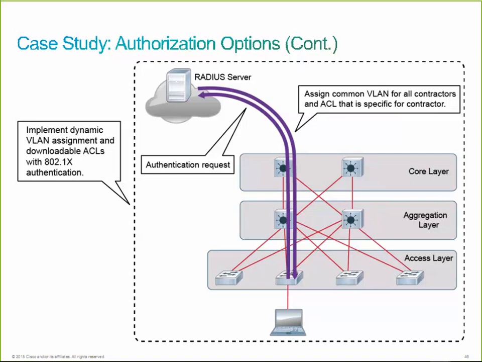Device profiling: is it a Windows machine? Is it a Linux machine? And so on. Device posturing: if it is a Windows machine, do they have this? Do they have this? Do they have this? Device remediation, and so on. So there's a lot of components, and then you have different nodes in the ISE architecture. He was mentioning an 8-node architecture.